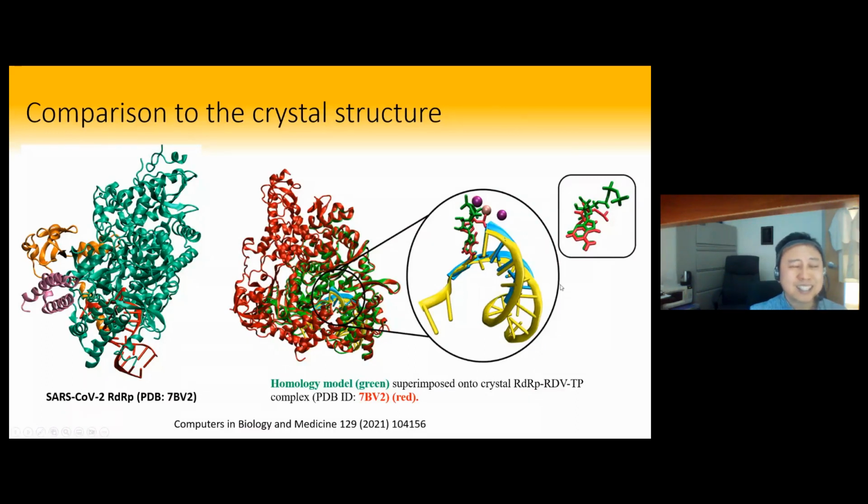So the reviewers basically said okay to us, and we published this paper. From this example, I also want to give you the confidence that using computation, we are able to capture some reality. Yes, we need validation from the experimental data.